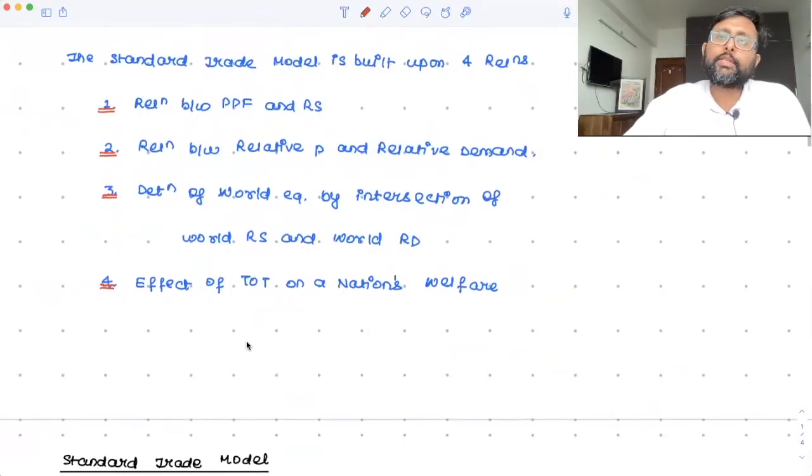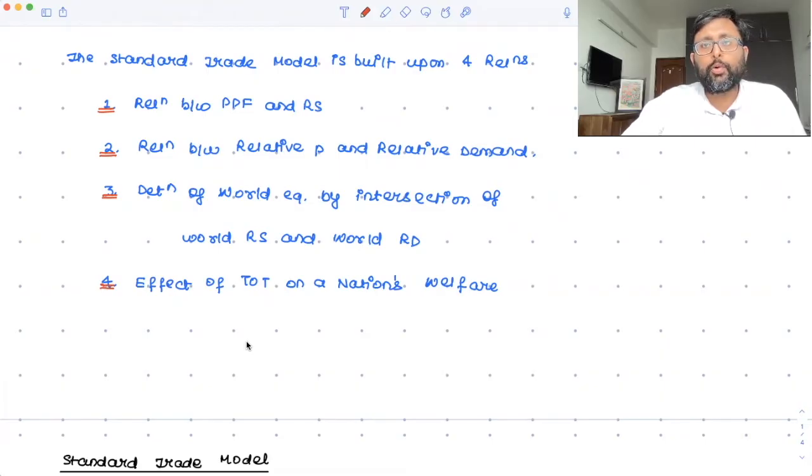Now you move on to the standard model, which is going to take up all of these models into it. And it will be answering a few questions also. So no one model can actually answer all the questions. So we are talking about the standard model. And when we have a specific question, we will go to a particular model which can answer that question. So we want to talk about comparative advantage.